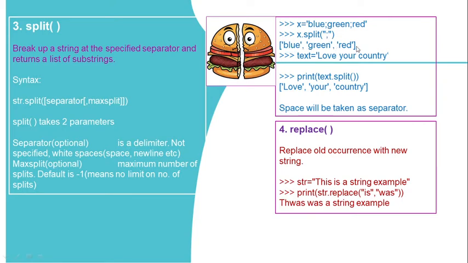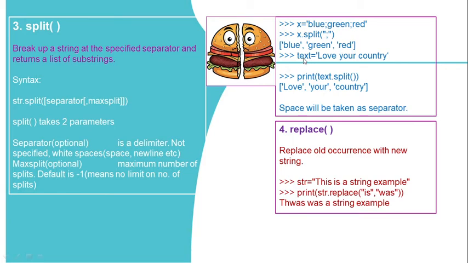Actually here in x, blue, green, red is given as a single string, but we are getting a list of strings as the result of the split function: blue, green and red as separate strings.